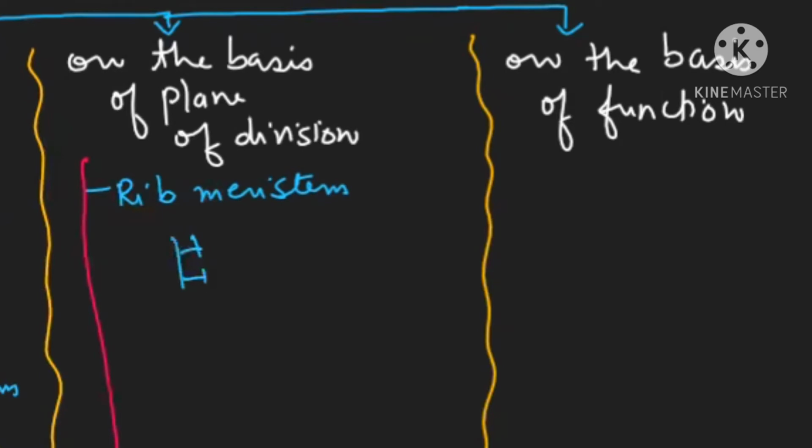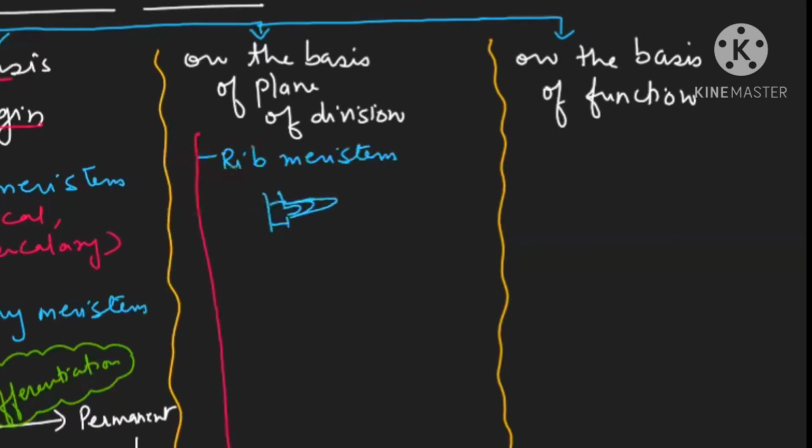Initially it is short, then slowly the root branches will elongate in this direction only. So in this case the cell is dividing only in one plane, every time outward. Rib meristem means the cell divides in one plane.